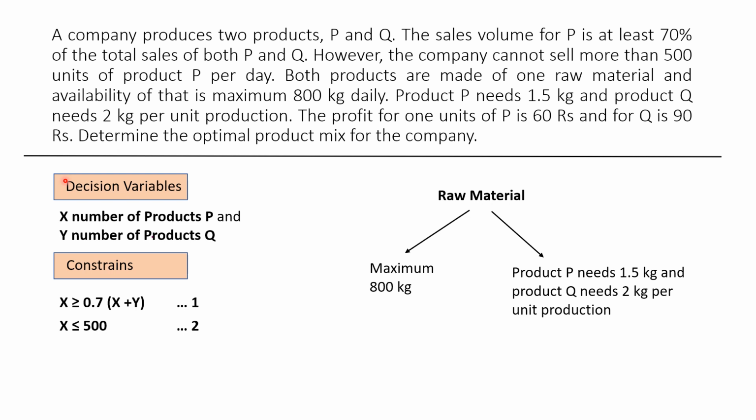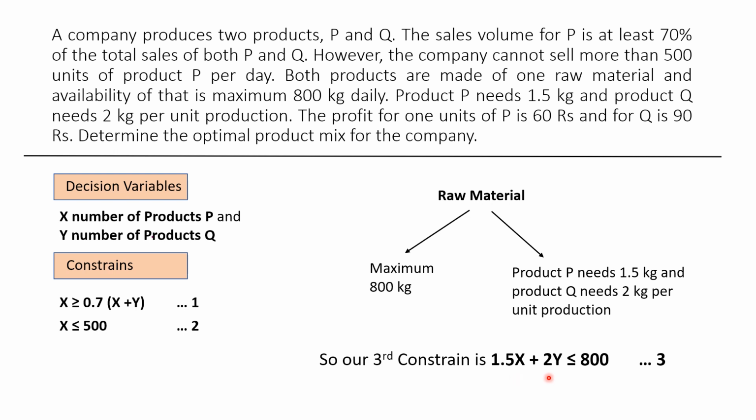So when we are going for the constraint, we need to multiply this 1.5 and 2 with the total number of products, that is X and Y. So here first we have multiplied 1.5 with X because P products require 1.5 kg.